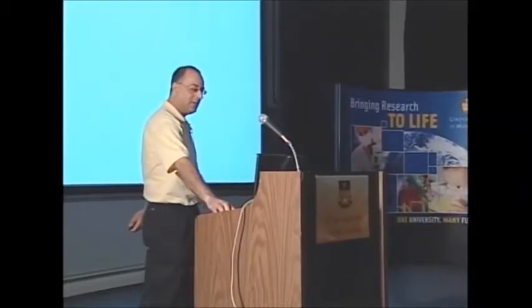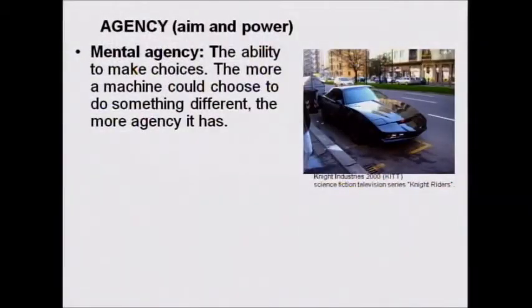You can define the agency into two parts. Mental agency: the car you see on the right-hand side is taken from the science fiction television series called Knight Rider. You have probably seen that one. It's a Pontiac, and they built it with the intention that this car ultimately is going to talk, communicate, and make decisions for the drivers.